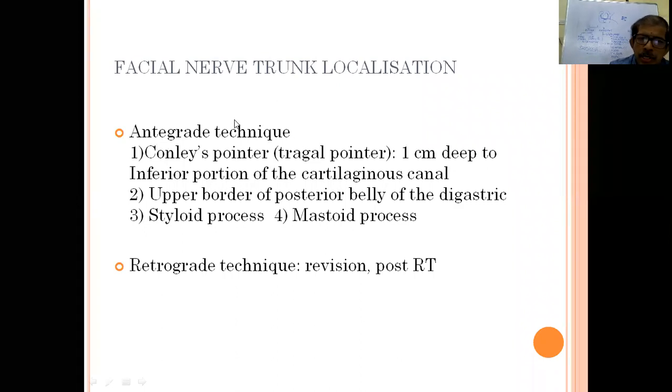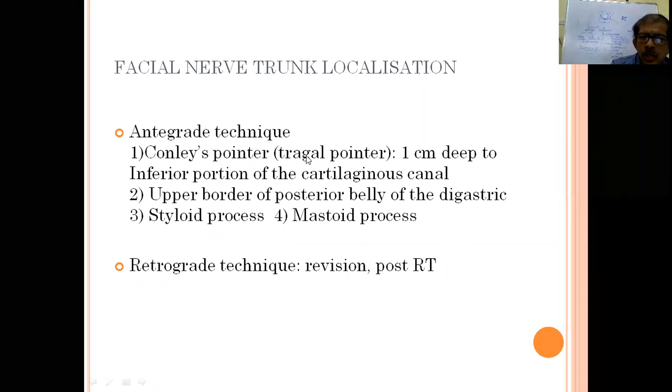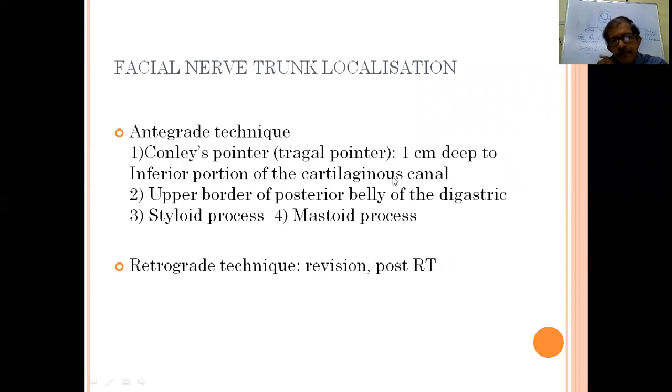So what are the localizing points that are there? Actually, there is Conley's pointer, otherwise called the tragal pointer. This is the tragus. Below that there is the cartilaginous canal of the ear. You are now more familiar with this.